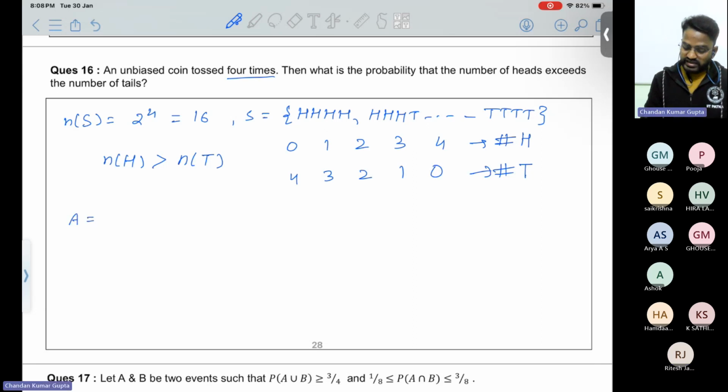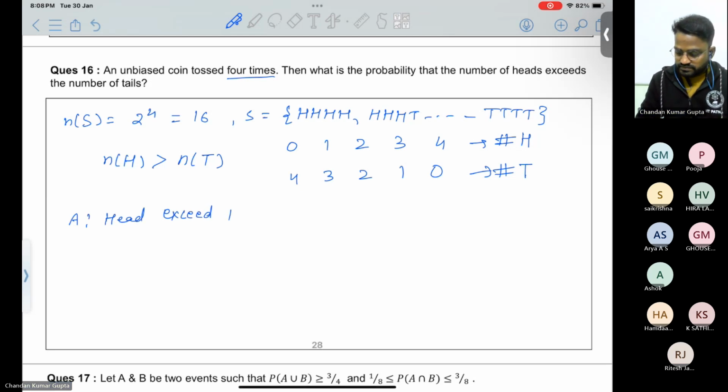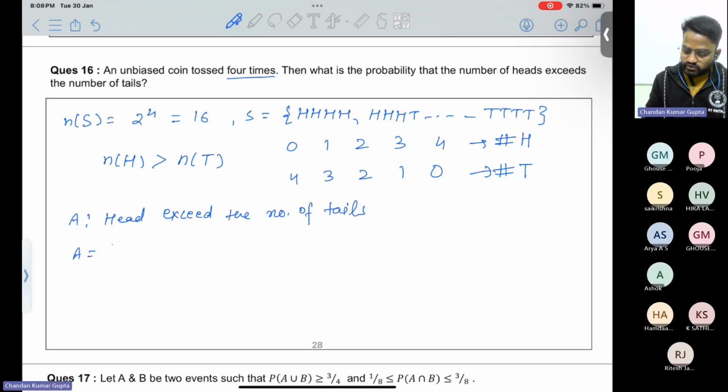Like here, suppose A is what? A is that the heads exceed the number of tails. So what are the outcomes? Heads exceed the number of tails with 3 heads and 4 heads.